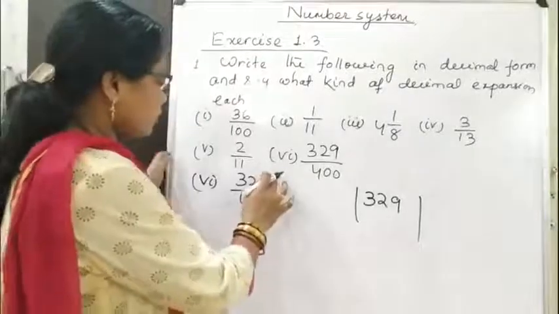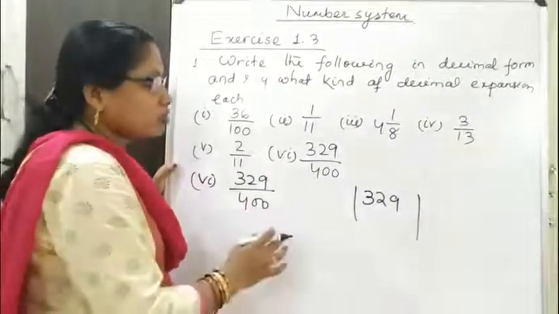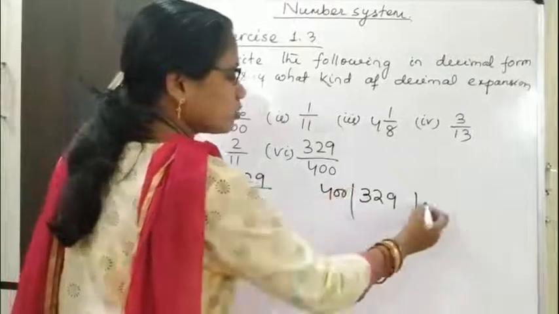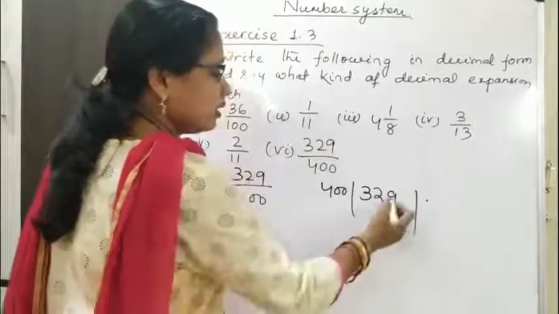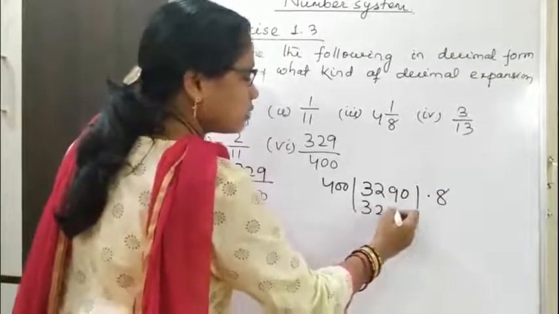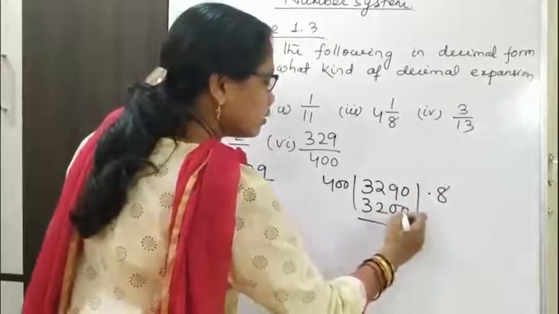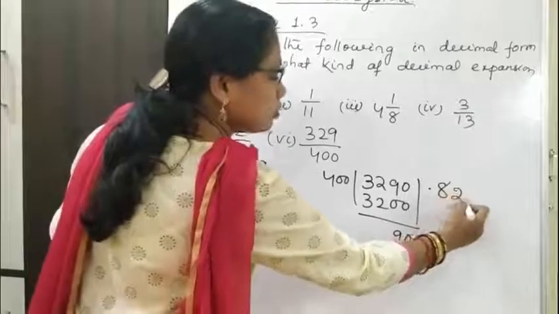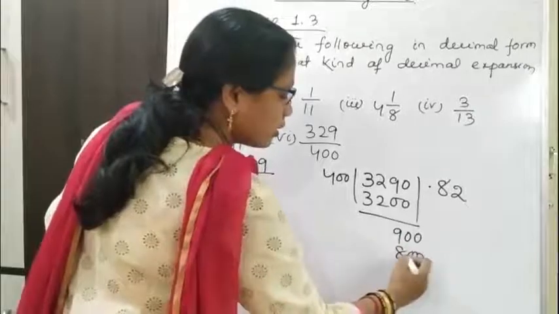Next one is 329 by 400. So we have to divide 329 by 400. So here we will put a decimal sign, then 0, 8, that is 3200, then 90, 0, 2, 800.